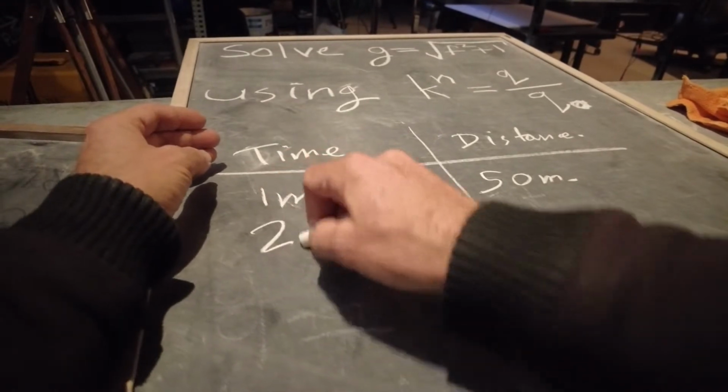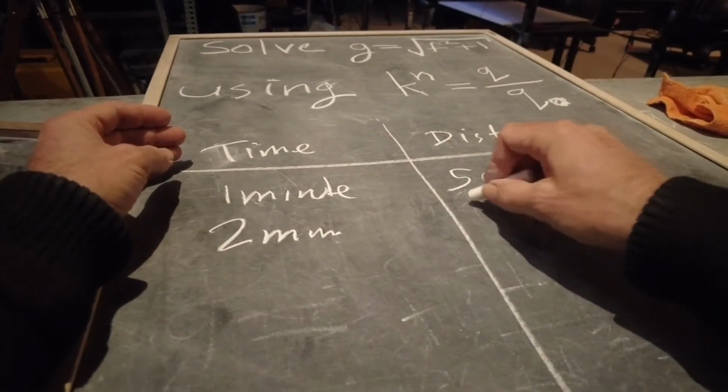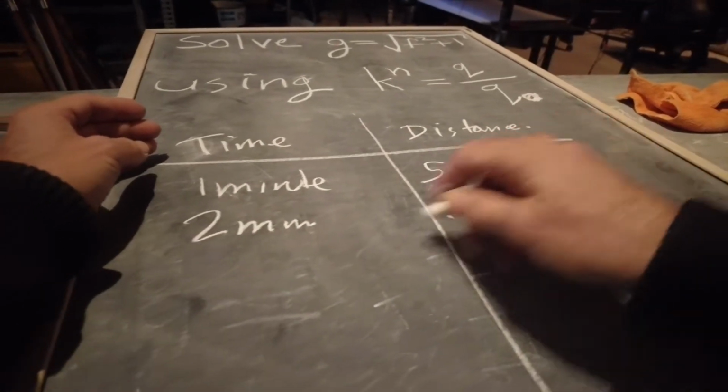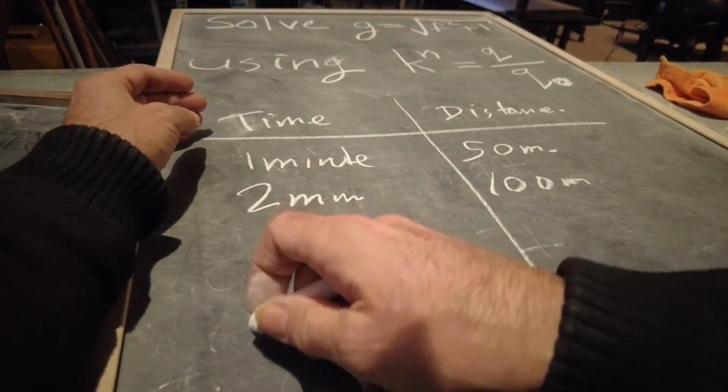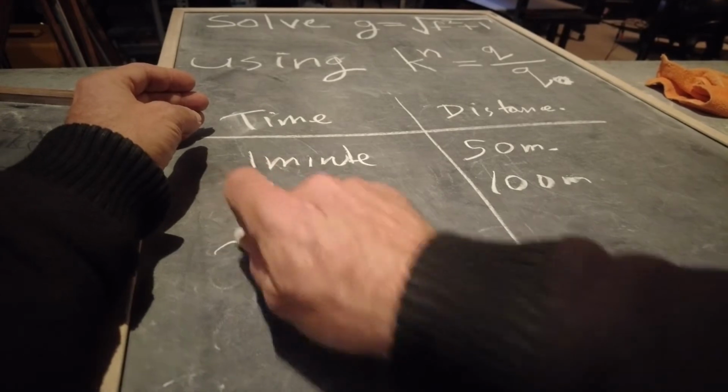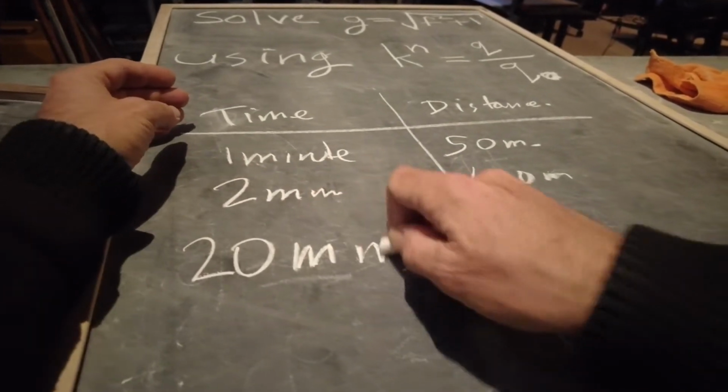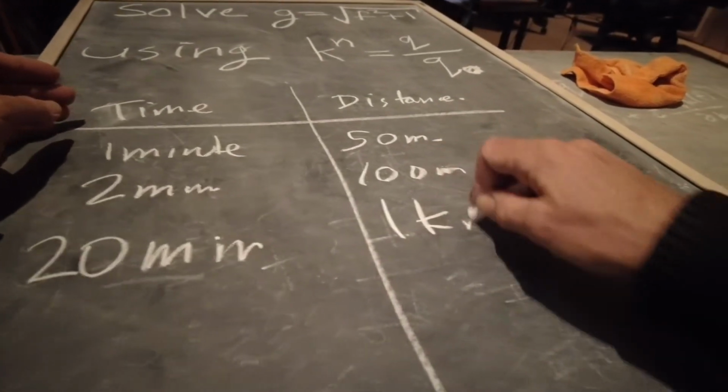And if we have 2 minutes, then we're going to swim 100 meters. As you continue to increase the time, you'll have 20 minutes, and then you'll have 1 kilometer.